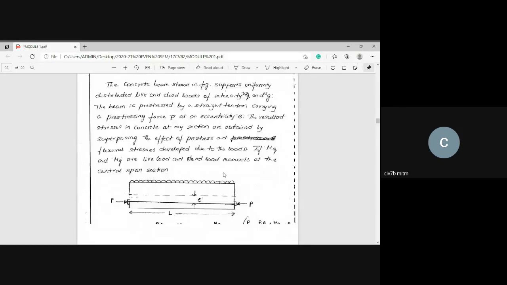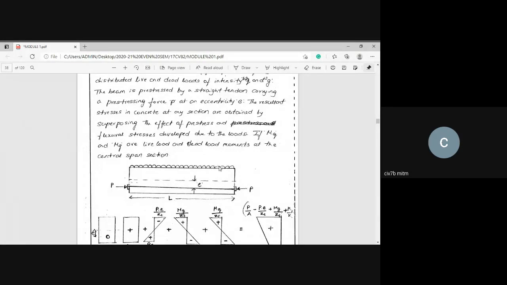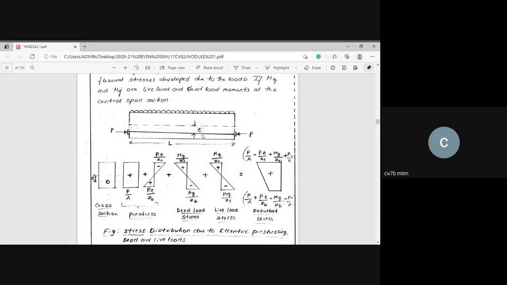Once the same beam is subjected to the external loads, you have read from your basic RCC class that when the beam is subjected to the external load, then the tensile stresses will occur at the bottom and compressive stresses will occur at the top. Am I right?